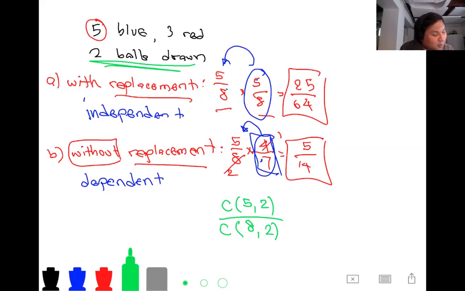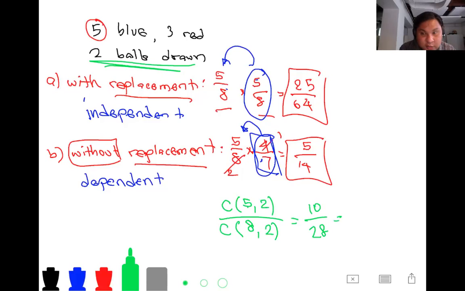If we simplify this, the combination of 5 taken 2 is 10. And the combination of 8 taken 2 is, I think, 28. You may, of course, check that with calculators.